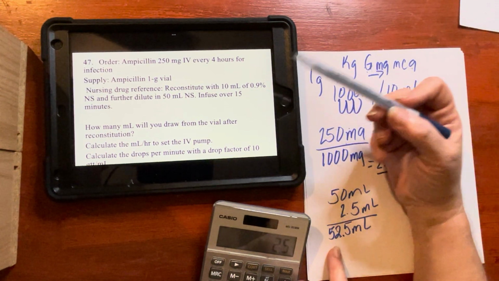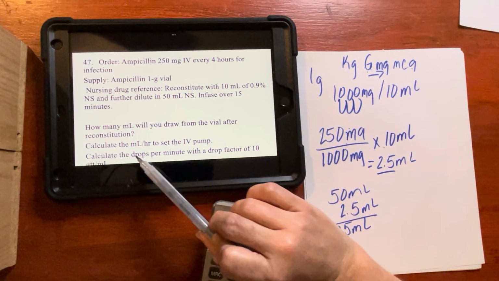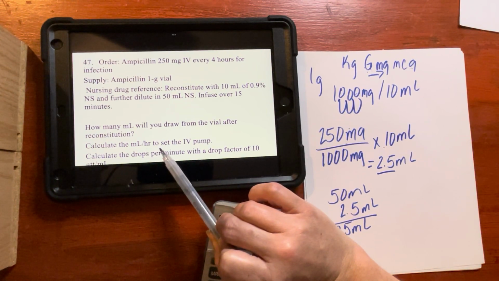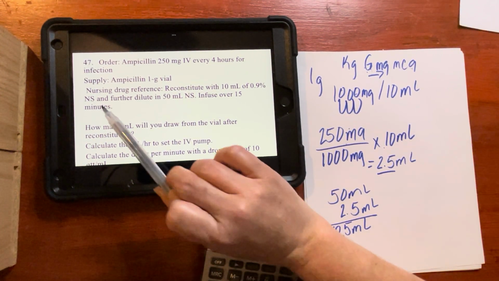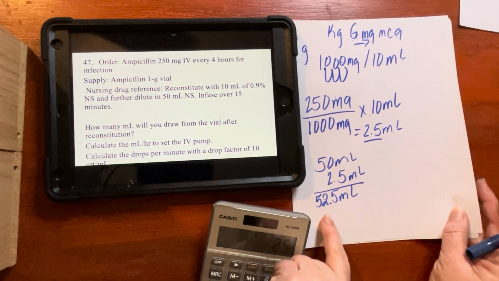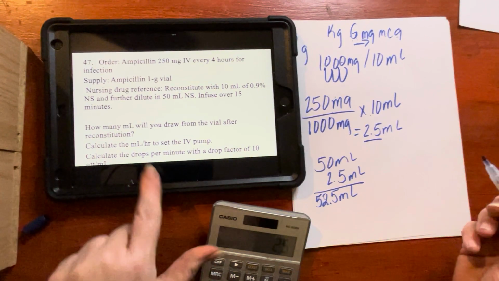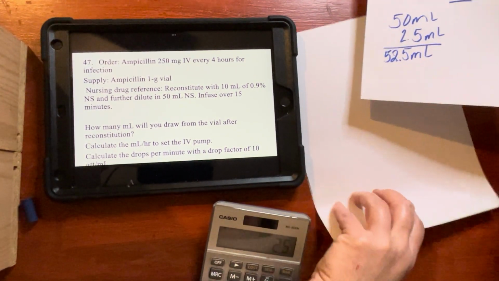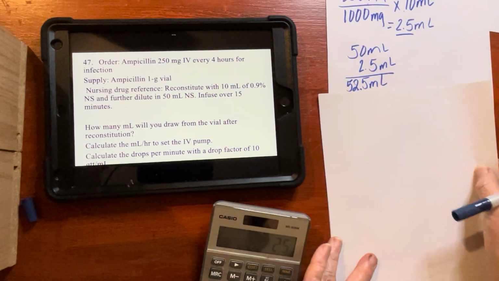And so they said we've got to figure milliliters per hour. And it's going in over 15 minutes. Goodness. Okay. So to figure milliliters per hour, I'm going to move this up here for a second.